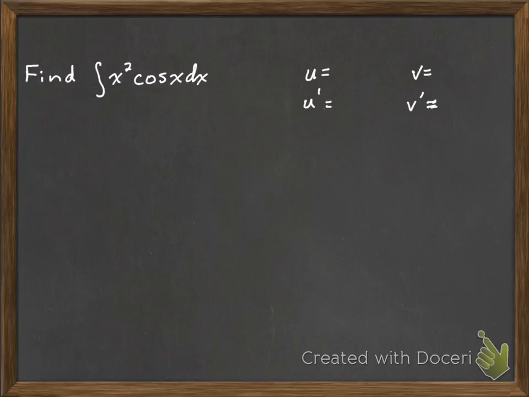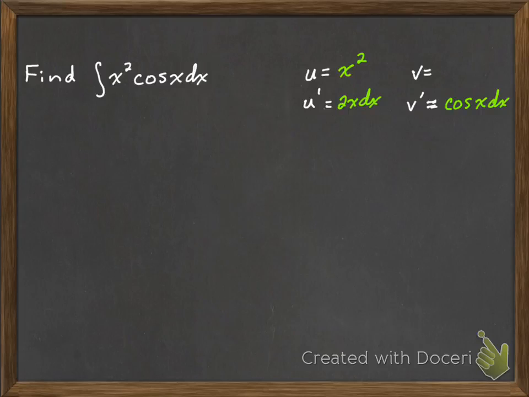All right, so let's try this another time here. Using your LIATE, algebra comes before trig. So the algebra part is x squared. The trig part is your v prime, cosine x dx. U prime is 2x dx.